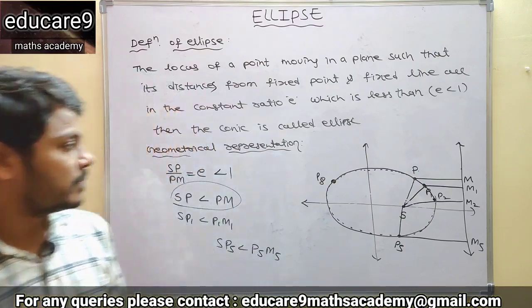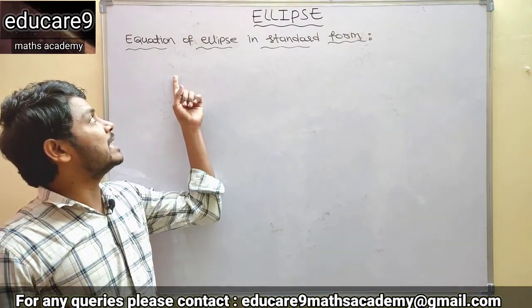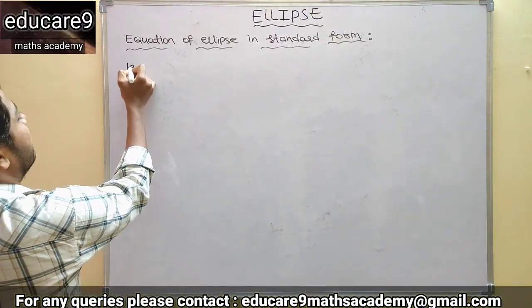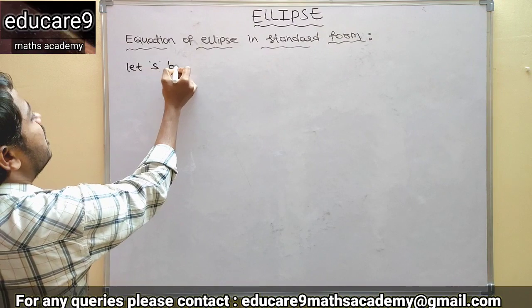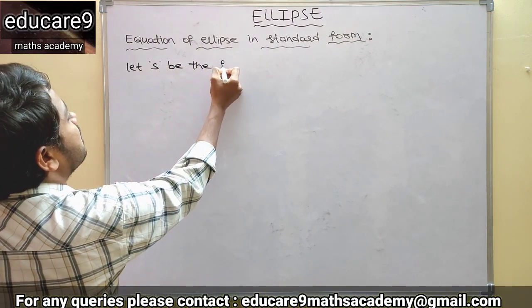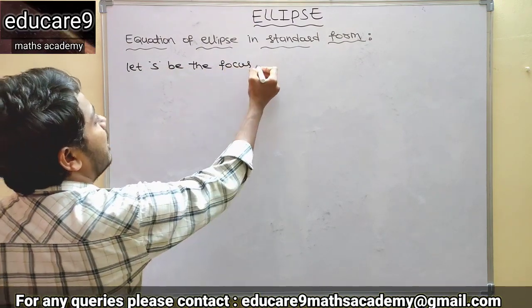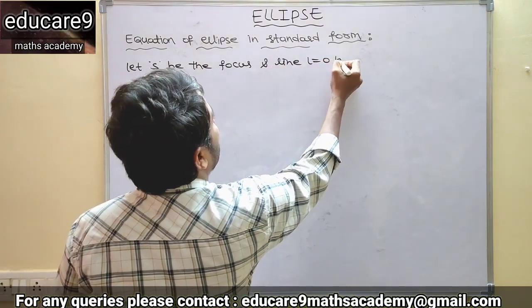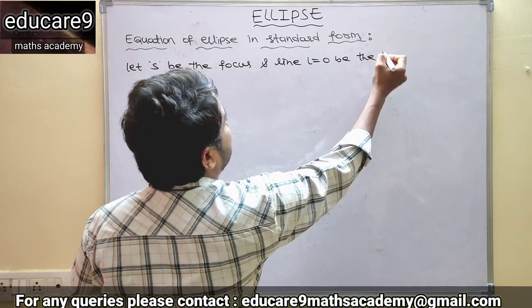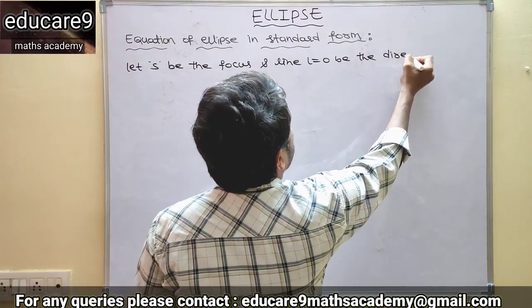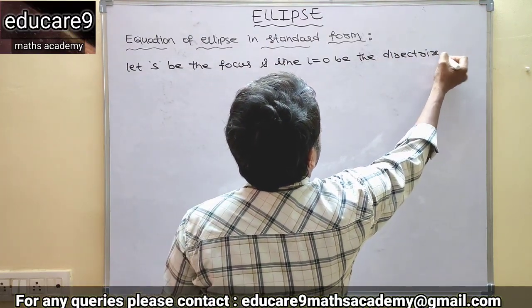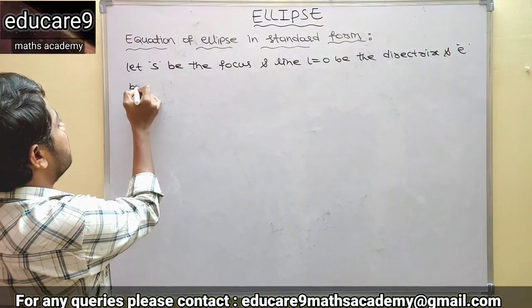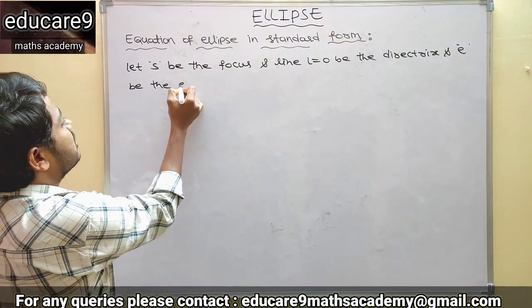Okay. Next we will discuss the equation of the ellipse in standard form. First, let S be the focus, the line L equals 0 be the directrix, and e be the eccentricity.